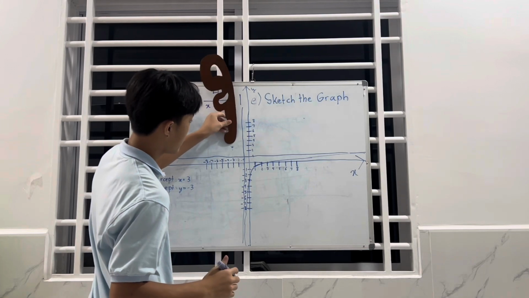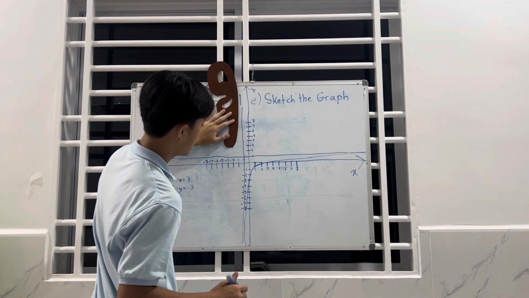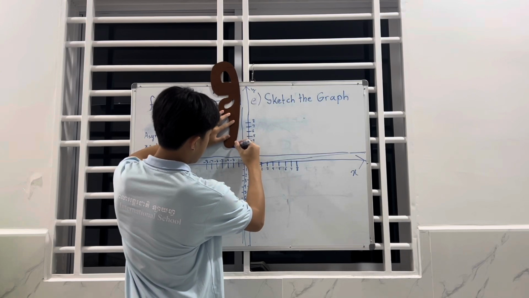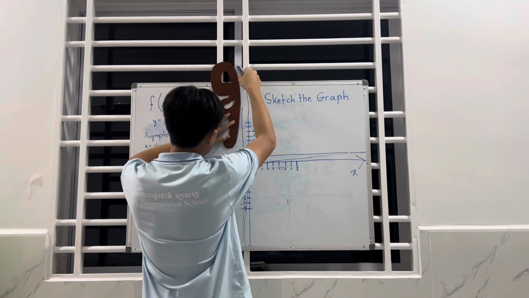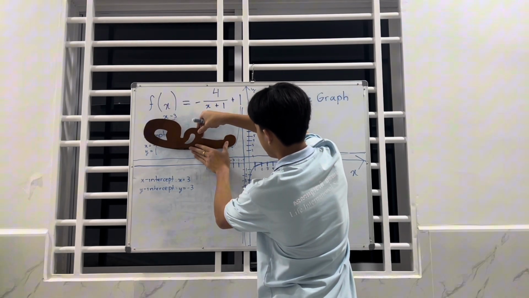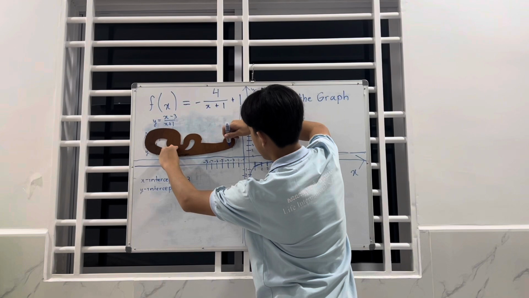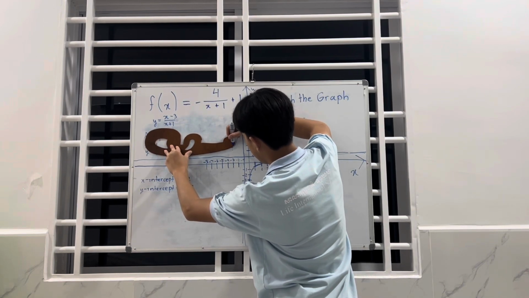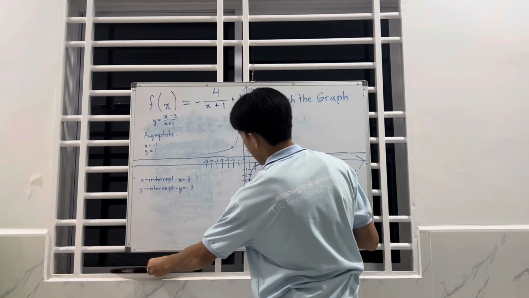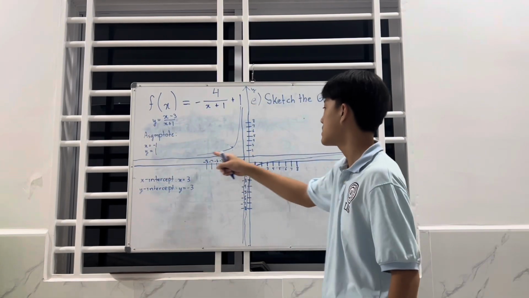So now you can start by doing this. And this line will go infinite, but will never touch this asymptote.